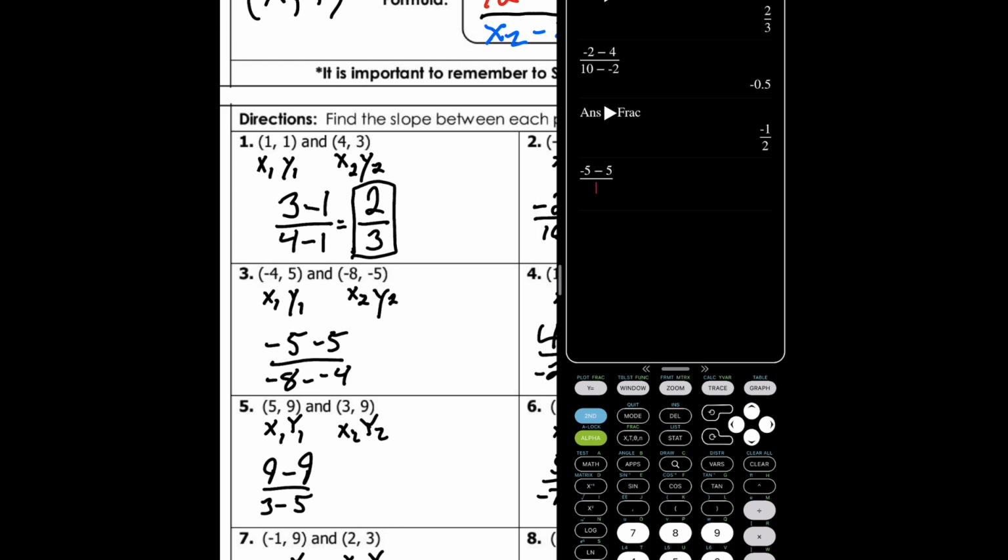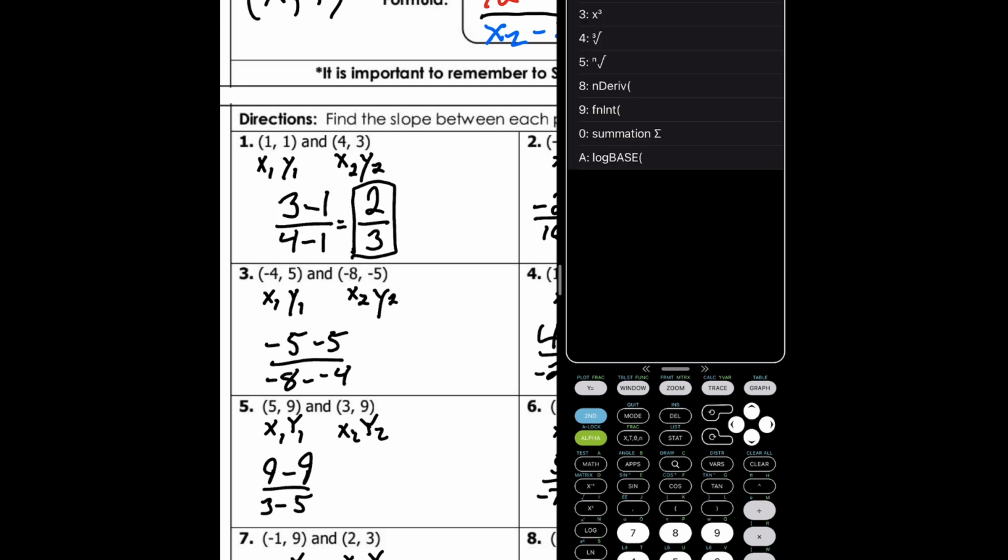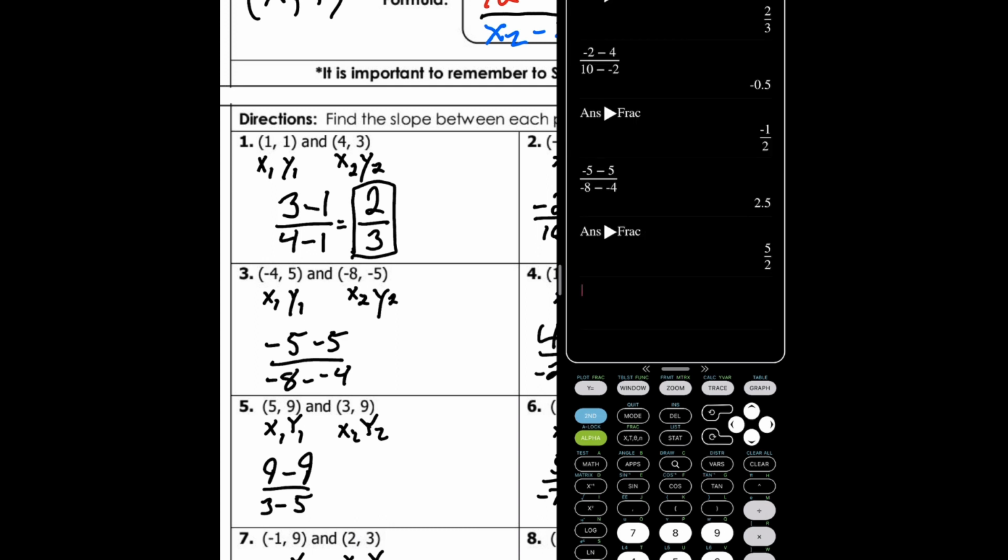And then on the bottom we have negative 8 minus negative 4. I arrow over, enter, math, enter, enter, and I get 5 over 2.